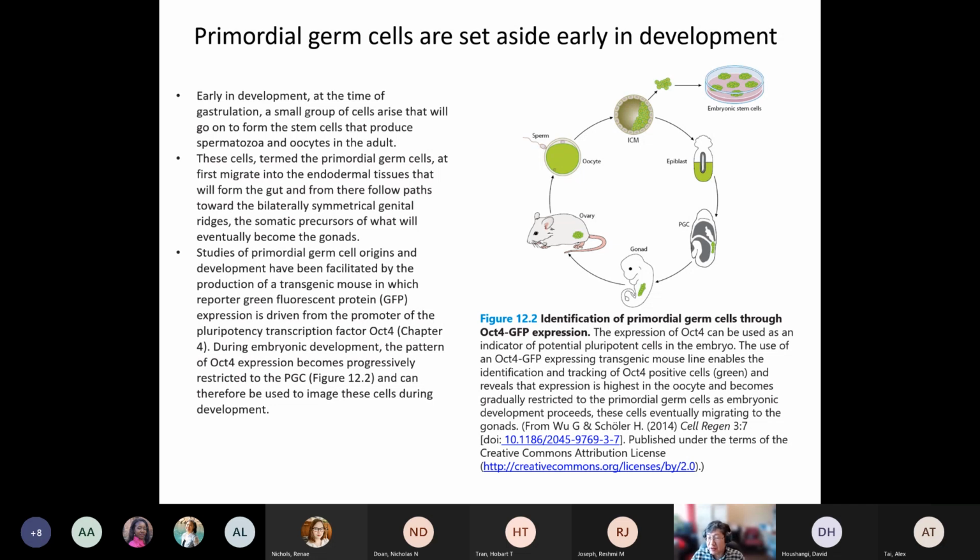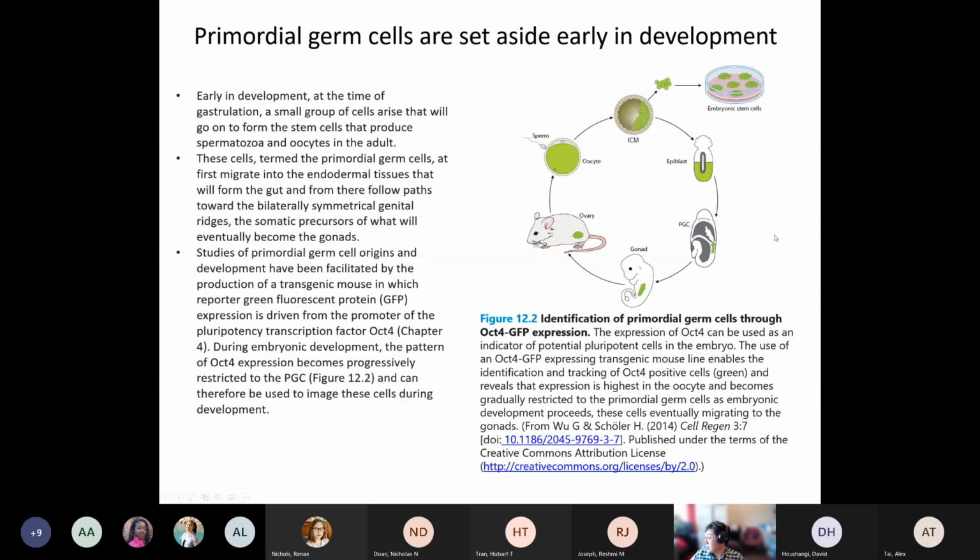Eventually, whether female or male, the reproductive cells will be in a pair of organs, like a pair of ovaries, a pair of testes, right? That's because the primordial germ cells will migrate bilaterally, symmetrically to the genital ridges, while the genital ridges will eventually give rise to the reproductive organs.